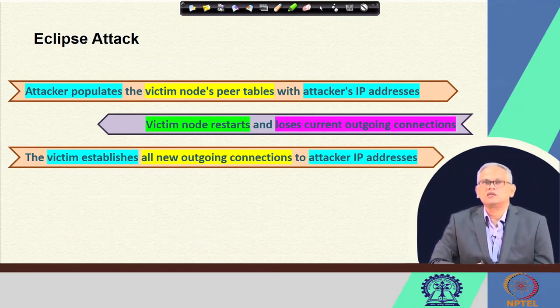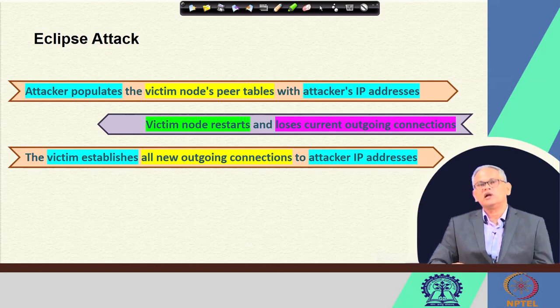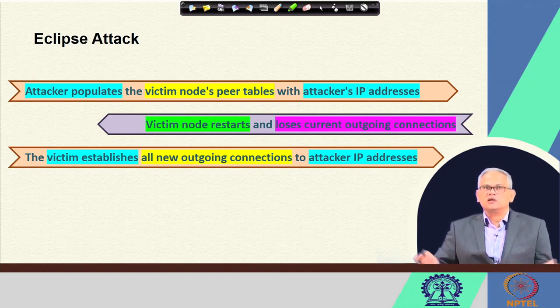So, how is it done? The attacker populates the victim node's peer tables. Of course, for setting up the peer to peer network, it will need some peer tables where the IP addresses are stored. So, the attacker will populate those tables with its own IP addresses, and when the victim node starts, it will lose its current ongoing connections with the honest nodes.